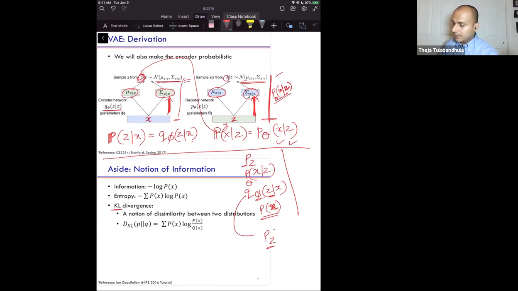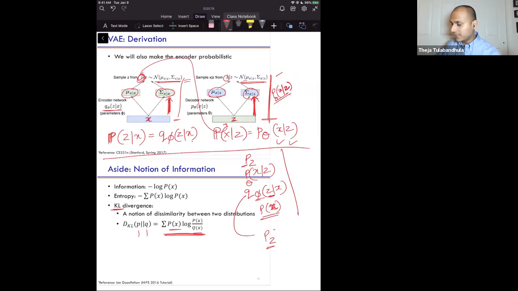KL divergence is a formula like this: if you have two distributions P and Q, it's the average of P times log P by Q, for discrete distributions at least, and for continuous distributions you have a very similar formula.